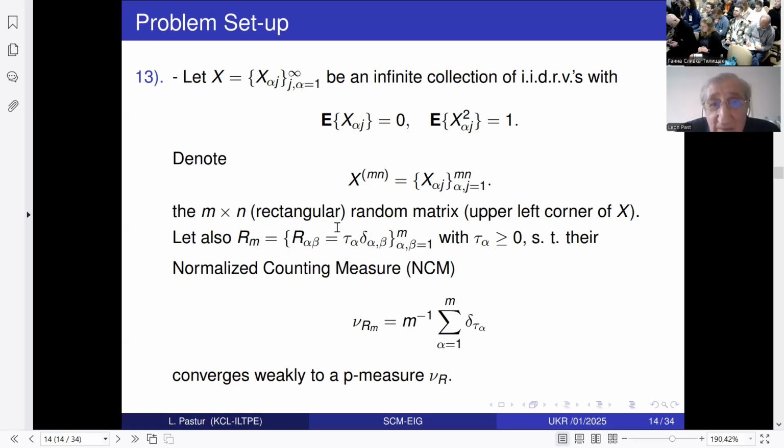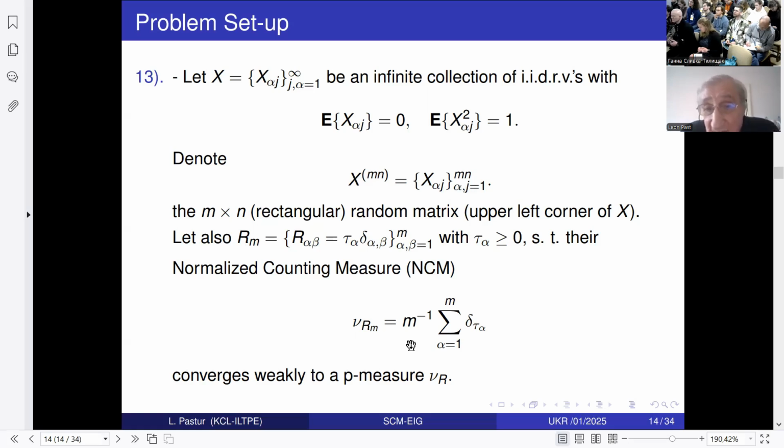And we need another matrix we call Rm, M by M, which is diagonal with eigenvalues tau alpha. And we assume that if we write the counting measure of these taus and divide by their number, then when m tends to infinity, this is just a measure, an atomic measure.